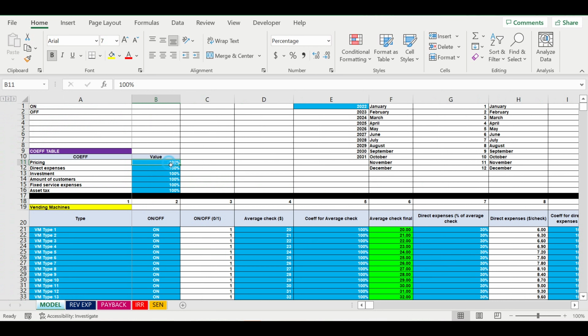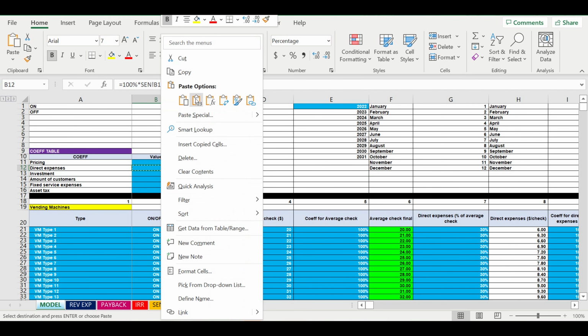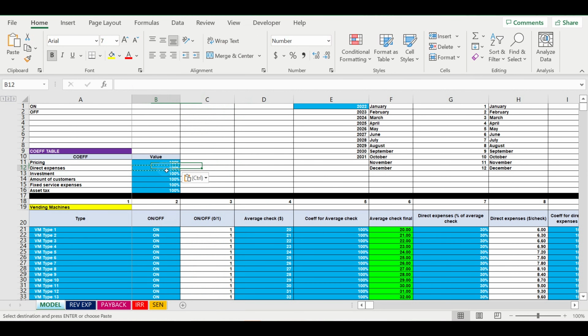First of all, we are deleting this coefficient from here, and for example we would like to add this coefficient to pricing.